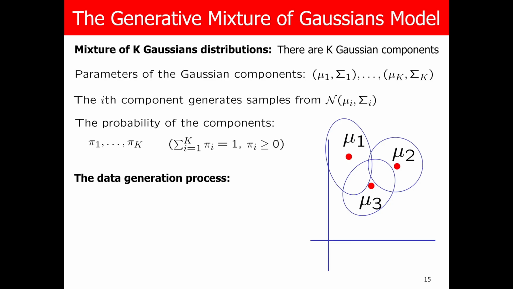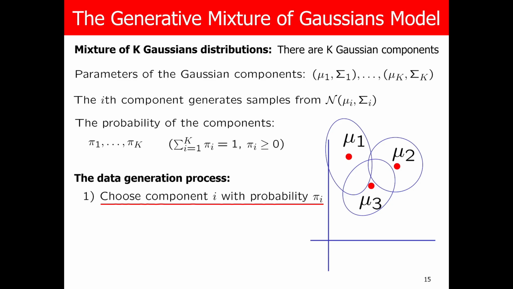After introducing this notation, the data generation from a mixture of Gaussians model is very simple. First, we choose a component with probability pi i, and then we generate a random sample from the ith Gaussian component which has mean mu i and covariance sigma i.